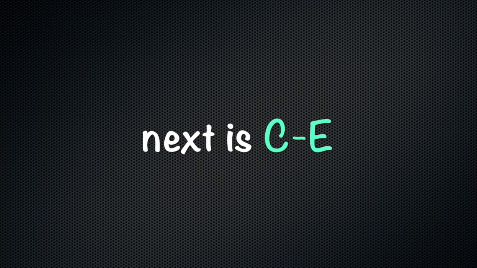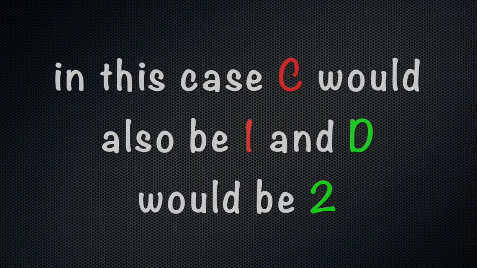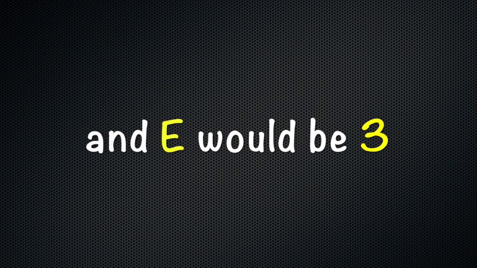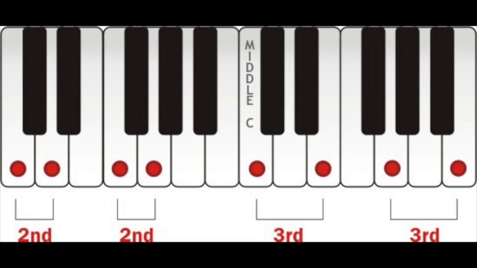The next one is C to E. In this case also, C would be 1, D would be 2, and E would be 3. The interval between C and E is called a third. As I said earlier, we have 2 types of second and third intervals.